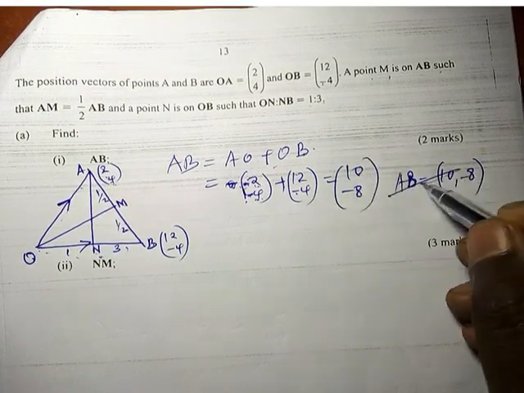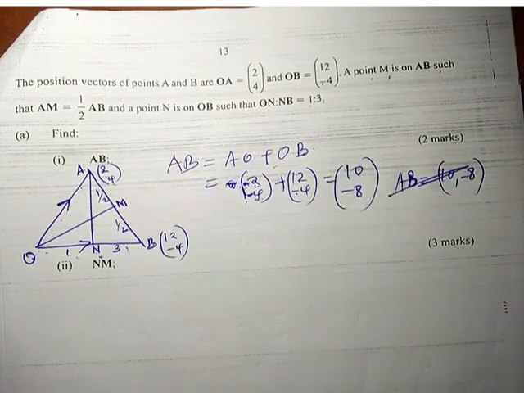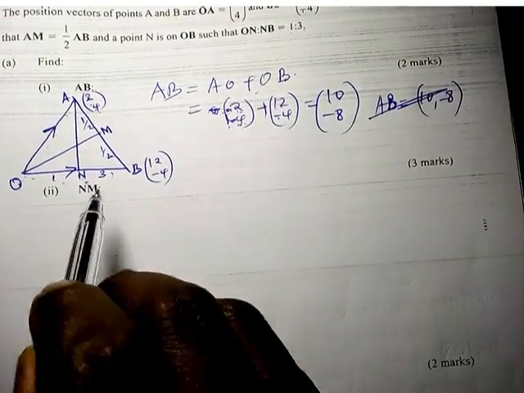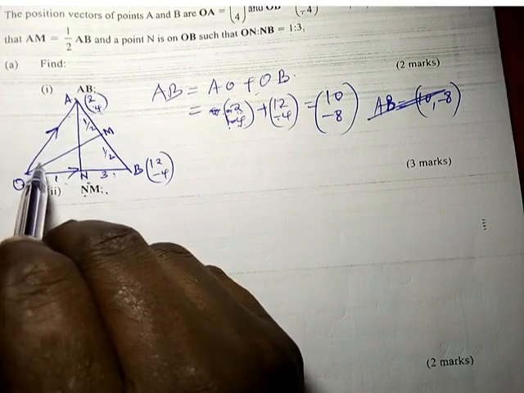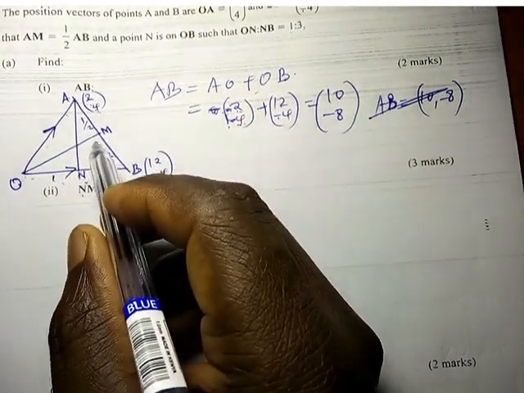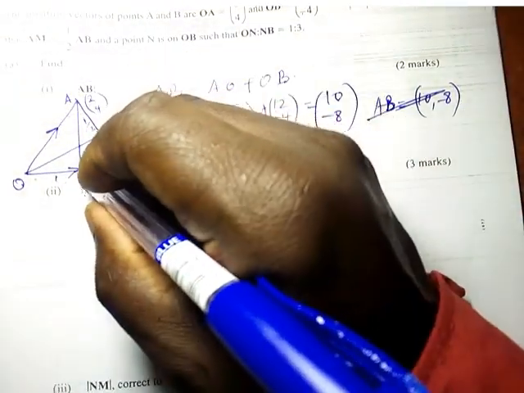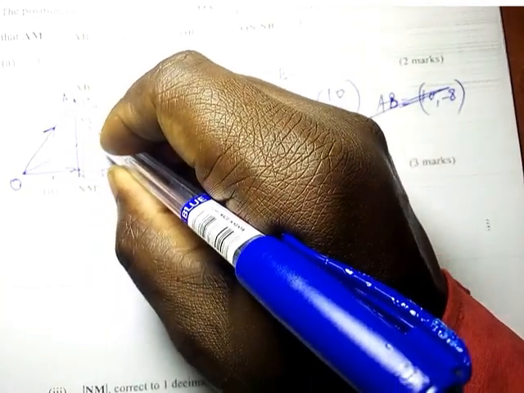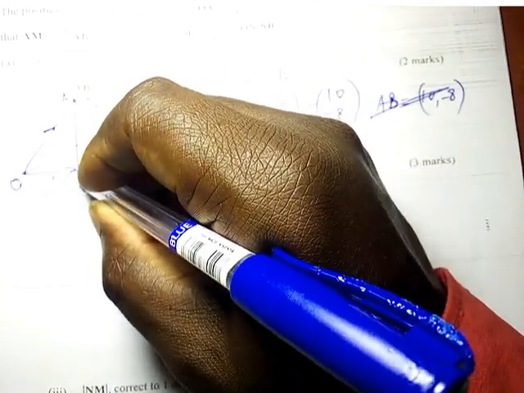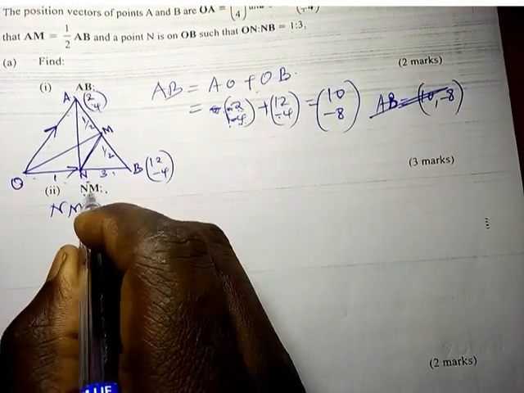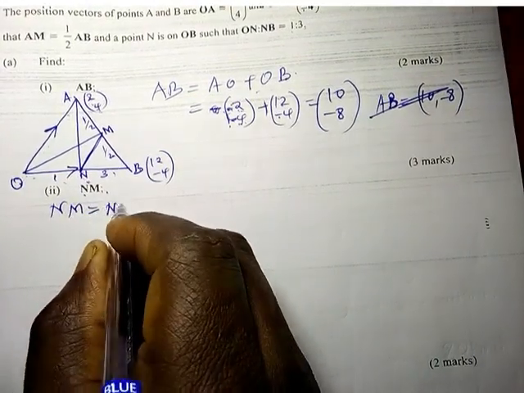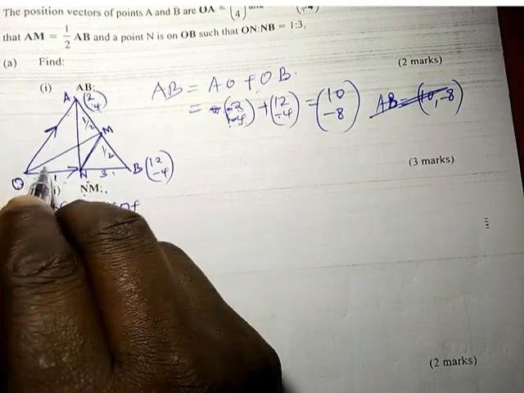I think we should write it in column vector, in column form. Now NM. So we want this one, NM. So NM is equal to NO plus OM.